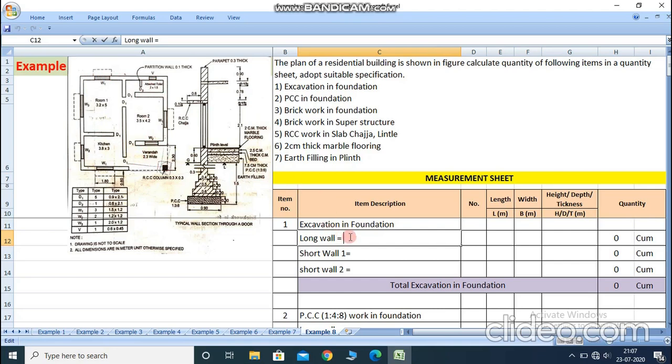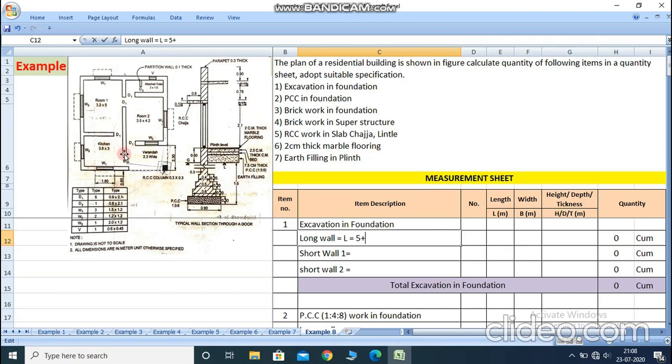So we start with the long wall length L. The total length of the wall is the summation of the room sizes: 5 is a room length, then 3 is a room length.